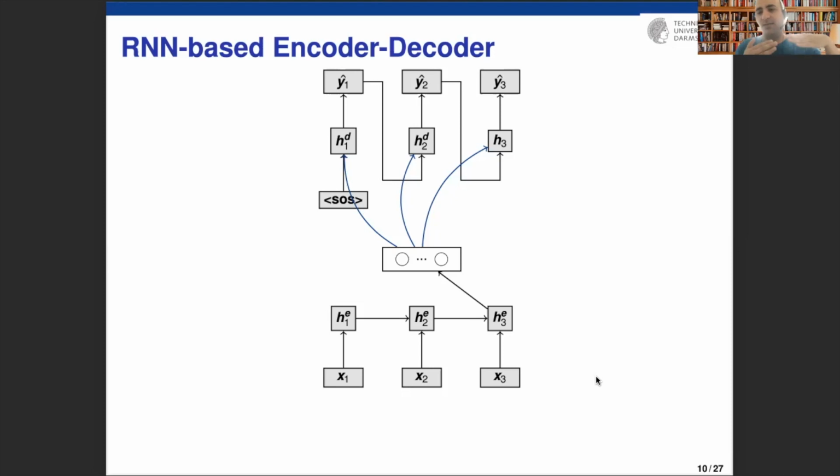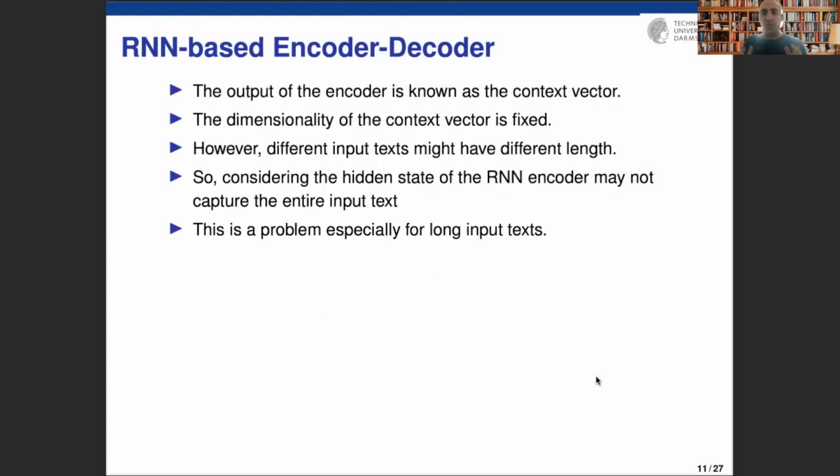As we discussed in the previous lecture, the dimensionality of the hidden state in an RNN is a hyperparameter. So if you set it to 100, it means you use a vector with 100 elements as the hidden state, and therefore the size of your context vector is also 100. By the way, it's fixed.